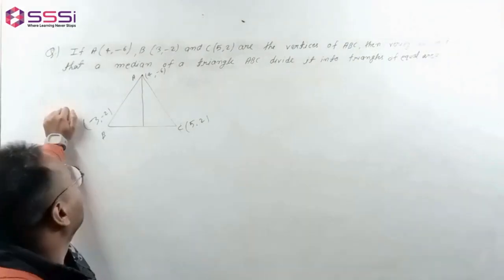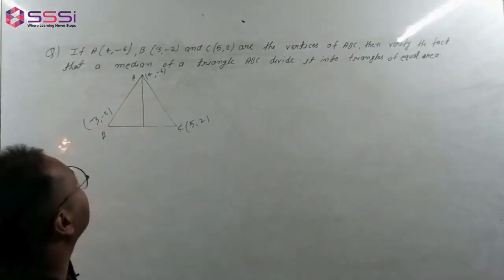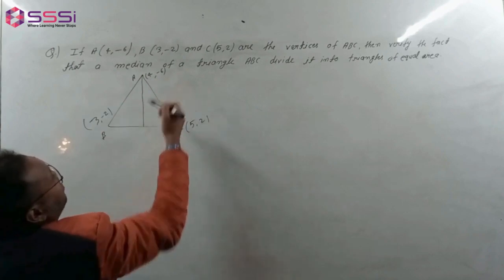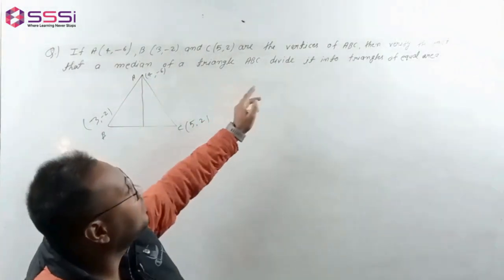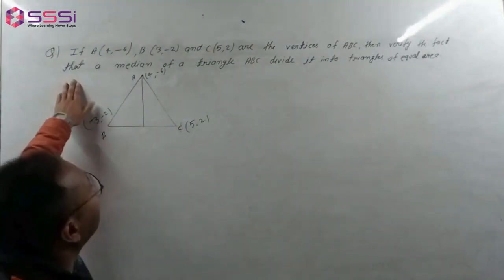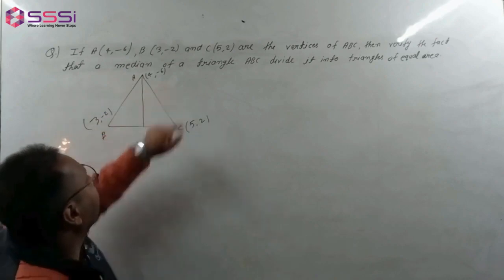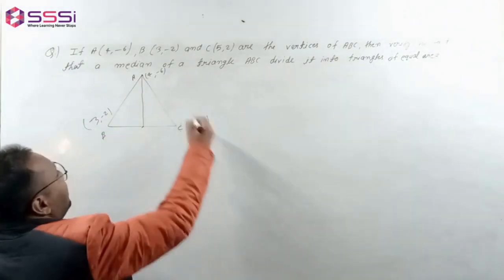So if A is (4, -6), B is (3, -2) and C is (5, 2) are the vertices of triangle ABC, then verify the fact that a median divides a triangle into two triangles of equal area.